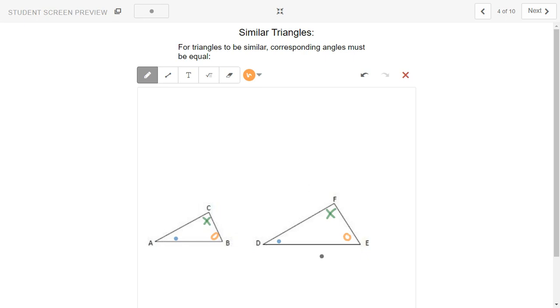The reason I know that is because all triangles add up to 180 degrees. So if two of them are already the same, then the remaining one will be the same difference.